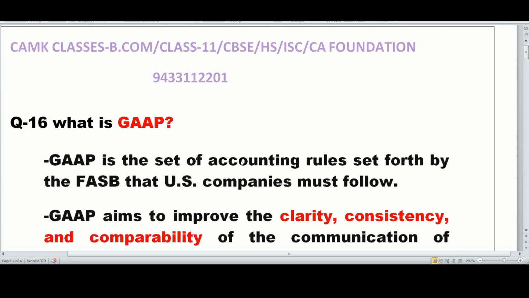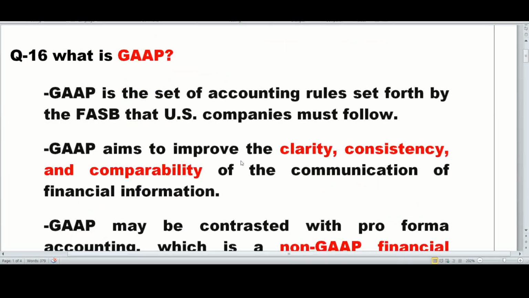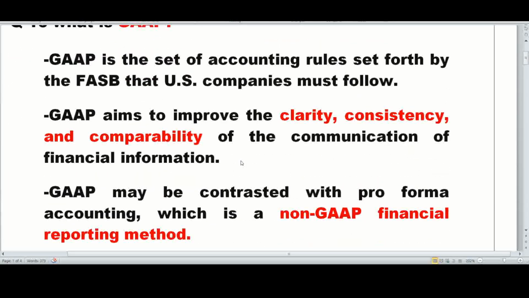And these generally accepted accounting principles are formed by FASB, Financial Accounting Standard Board, and this FASB is in USA, and the US companies are required to follow the GAAP, and these generally accepted accounting principles have got their objective.